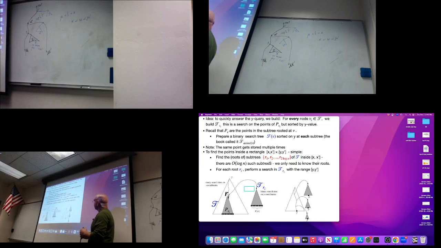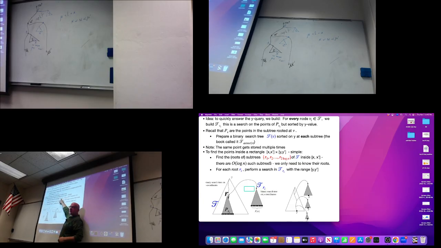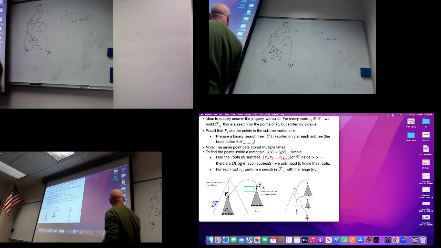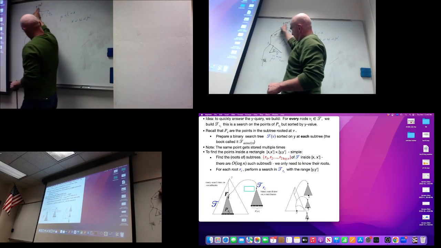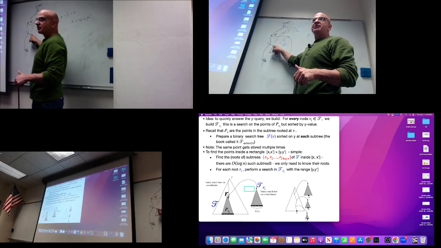How do I answer this query? I'll go to the main tree, and I'll find nodes in the main tree T, call them R1, R2, dot, dot, dot, R2 log n. These are all the nodes in the main tree that are what? These are the roots of subtrees that are good in terms of x.